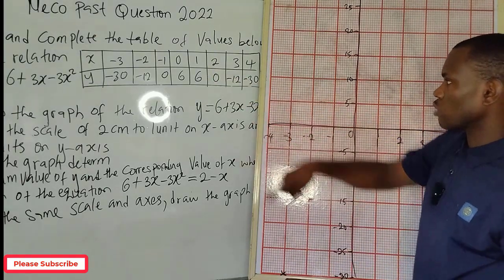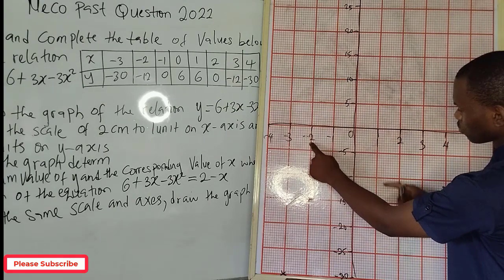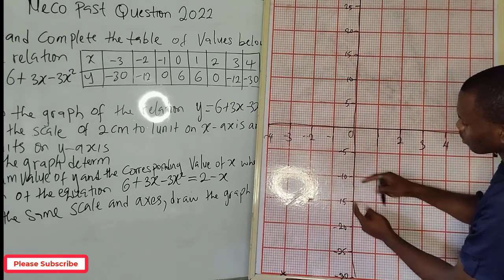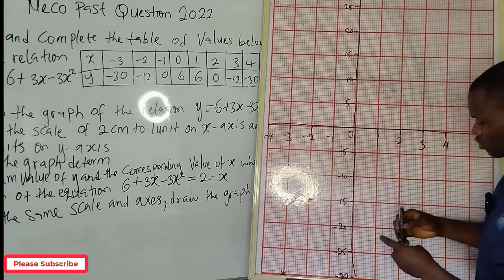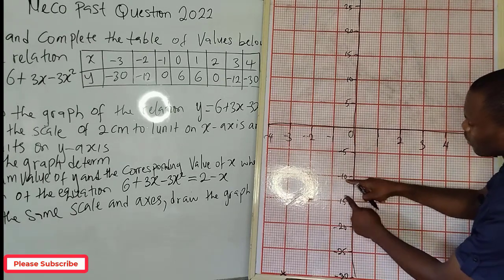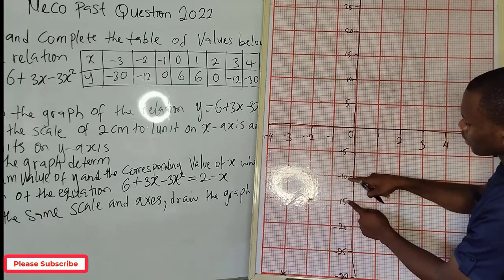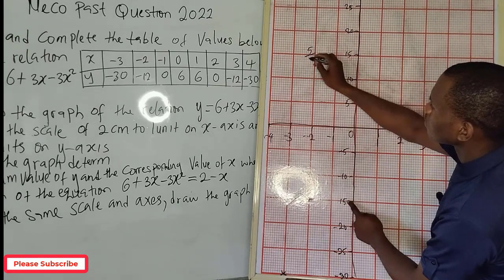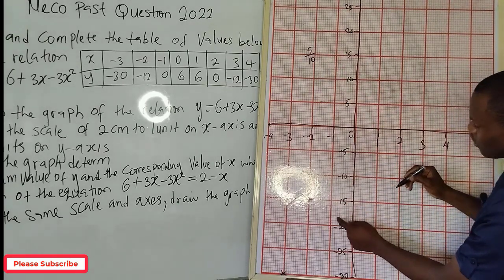The next is -2 and -12. This is -2. To get -12 will be in between 10 and 15. But we are going to count the little lines. How do we know how to count the little lines? The interval or the scale is 5. So we'll say 5 over the number of little lines here.